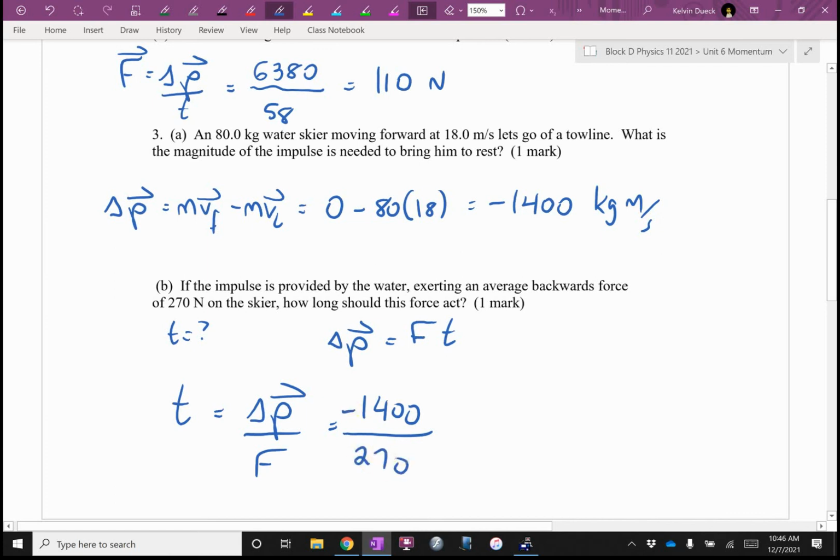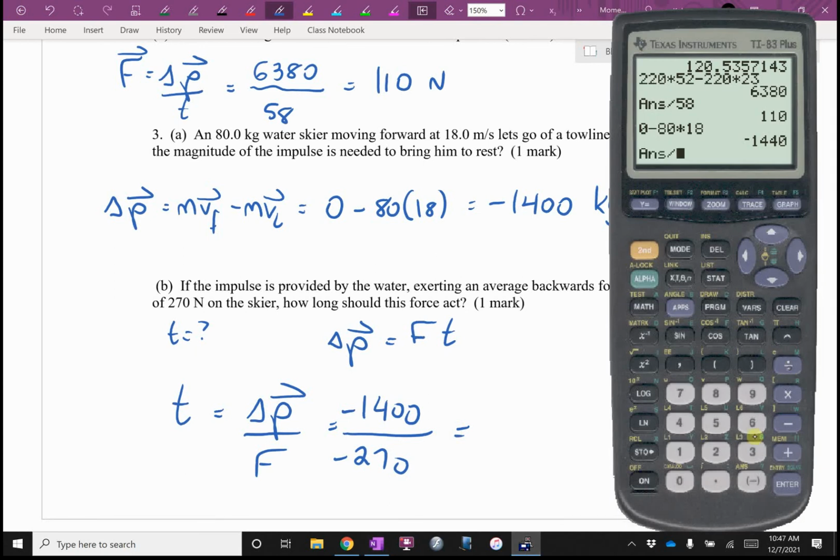Now, if you put the negative in there, you would actually have to make the force negative, because if the impulse is backwards, you know which direction the force is? Backwards. Because time is positive. That's going to be this divided by 270, and I get, I'm going to ignore the negative, 5.3 seconds. Is that right?